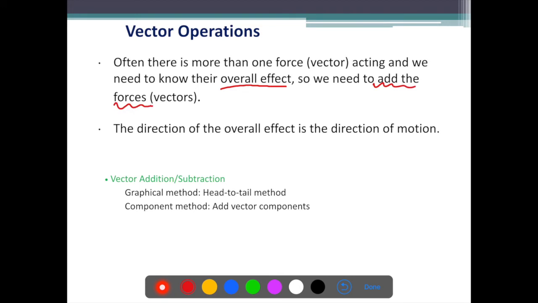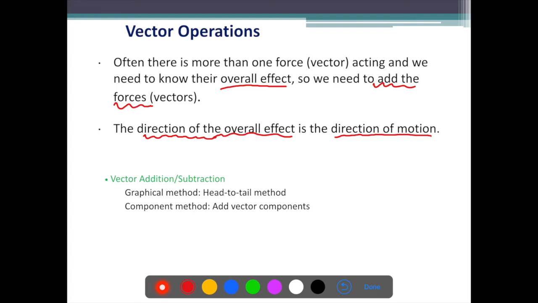And because forces are vectors, in other words, we need to add the vectors together. The direction of the overall effect of the vectors after adding them will determine the direction of motion. So now we will learn about vector addition and subtraction.